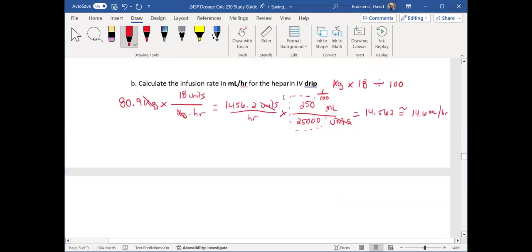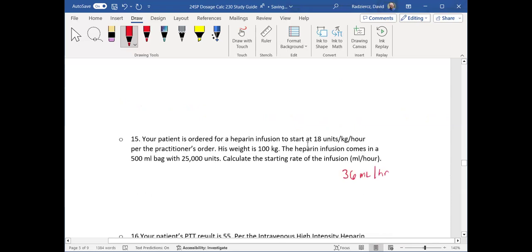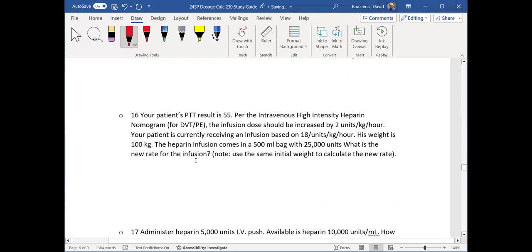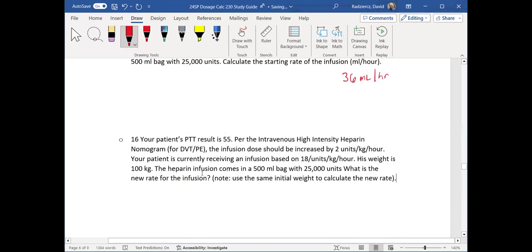And then, but instead of doing the 250 over 25,000, I did 500 over 25,000. But I will go over that, yes. And then let me just verify because I didn't get my answer yet. Okay, good.